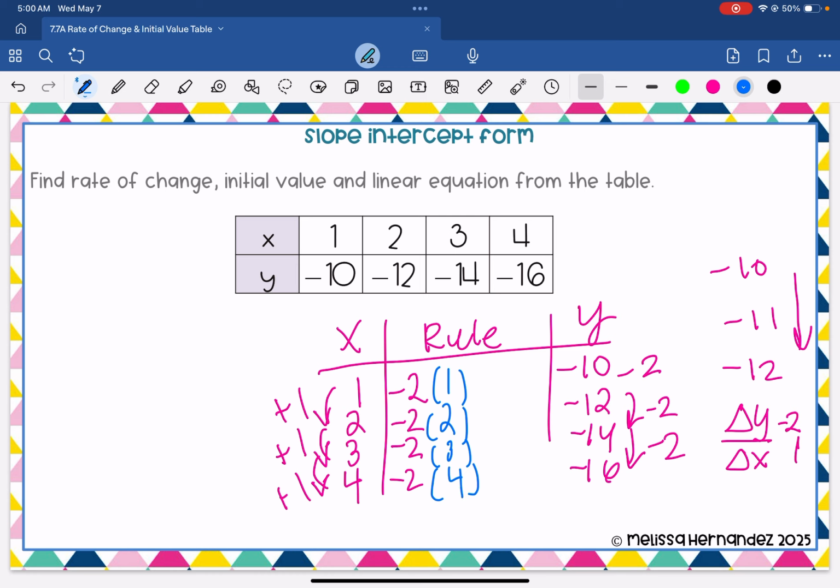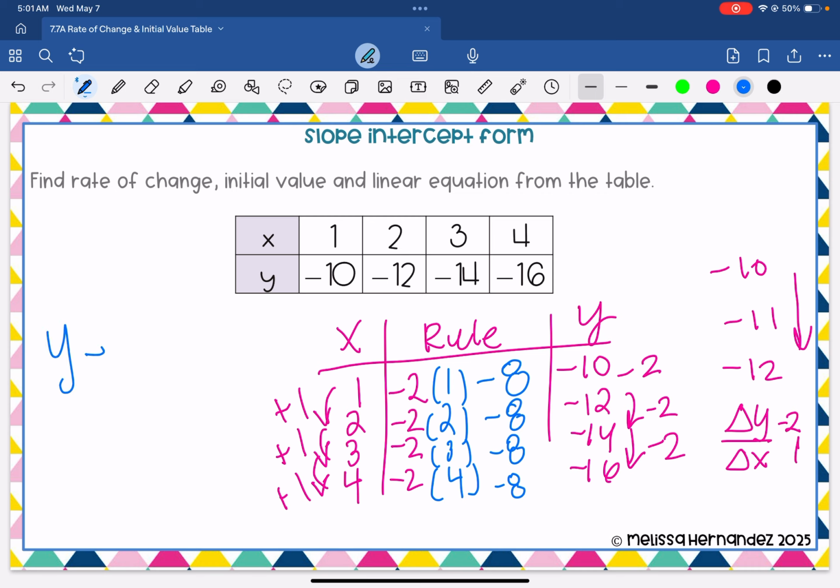All right, one group of negative 2 doesn't equal negative 10. So the way you're going to get to negative 10 is minus 8. 2 times negative 2 is negative 4, and negative 4 minus 8 will give me negative 12. 3 groups of negative 2 is negative 6, minus 8 will give me negative 14. 4 groups of negative 2 is negative 8, doesn't equal negative 16, so you ended up with minus 8 or negative 8, however you want to look at it.